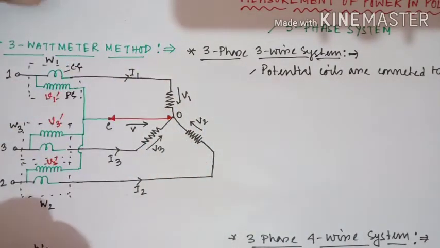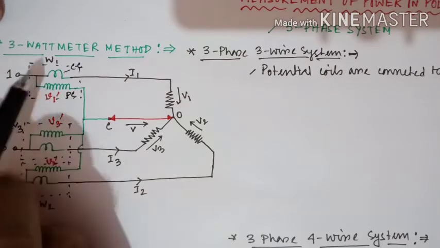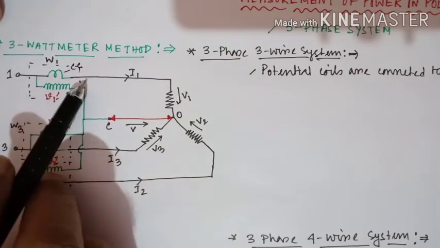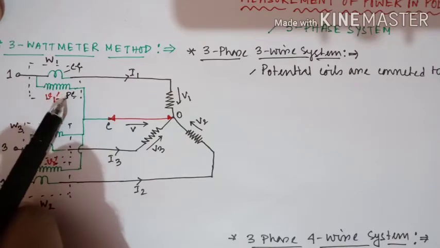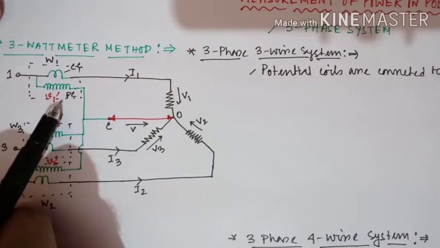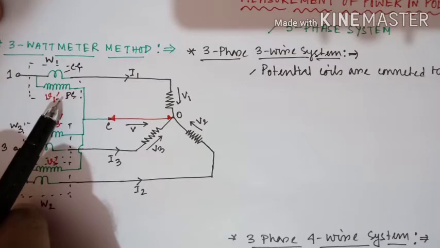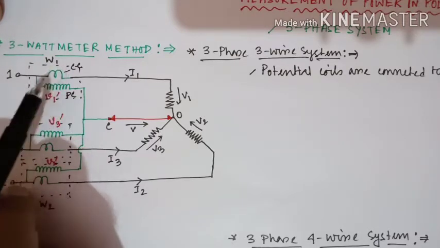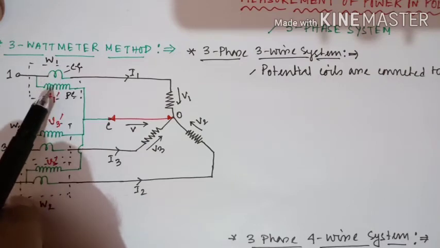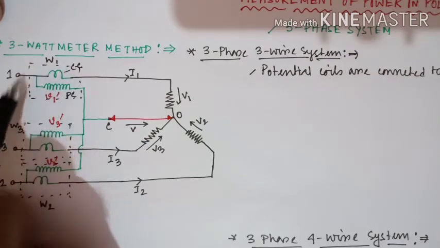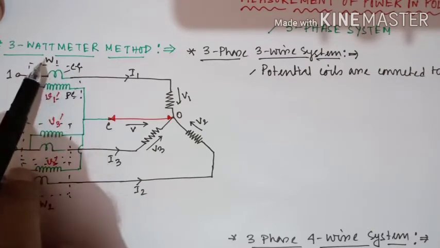So what is the difference? The current coil is used to sense the current that you want to measure, and the pressure coil is used to sense the voltage or the potential that you want to measure, because when we want to measure power, we need to measure the current flowing through the load and the potential applied across the load. So this current coil and pressure coil placed within a box can be considered as a wattmeter.